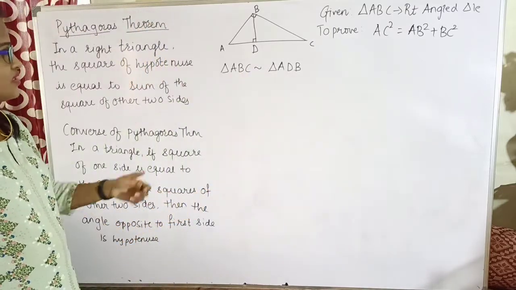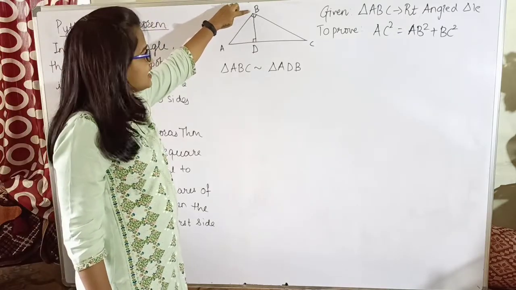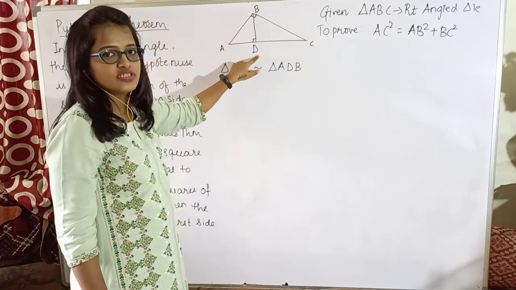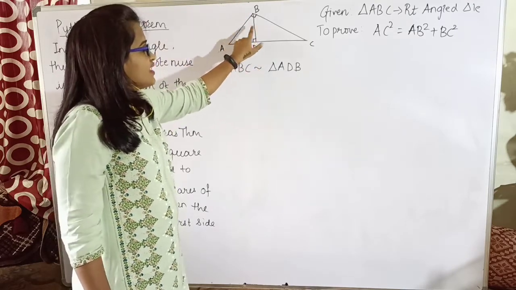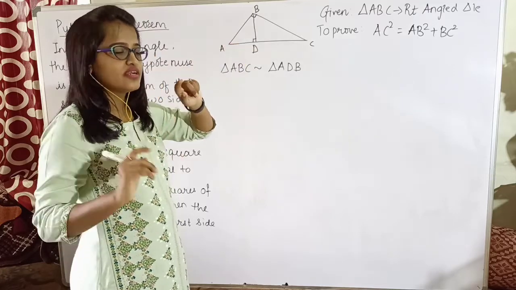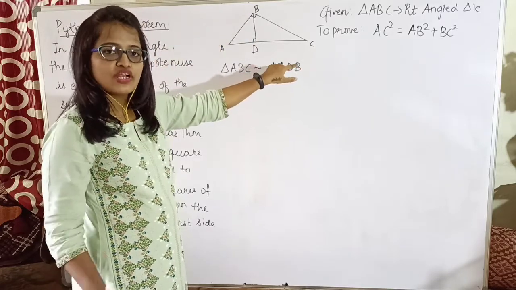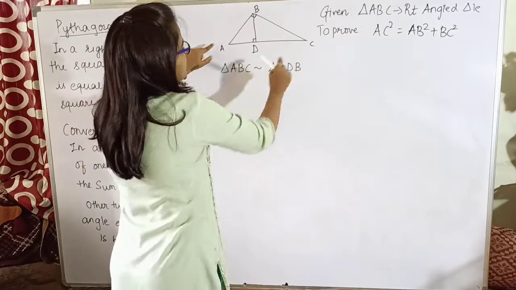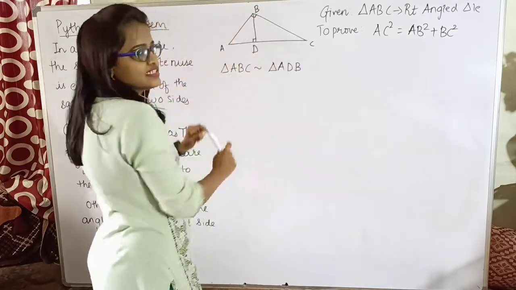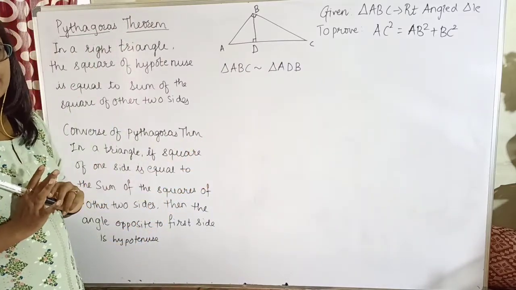Because of the theorem which says a perpendicular drawn from the right angle of a right angled triangle on the hypotenuse divides it into two similar triangles, which are similar to the outer triangle. It means ADB and ABC are similar, and also ABC is similar to BDC. So these two triangles are similar to one another and also similar to the outer triangle. So that is what the theorem says.